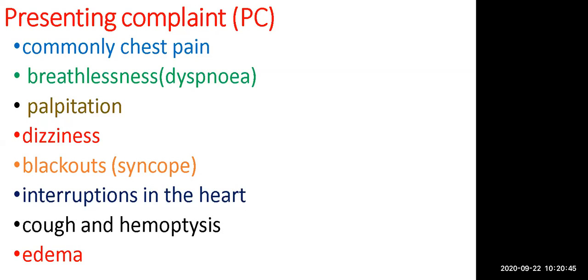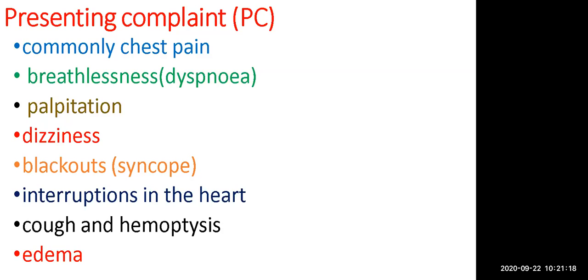breathlessness, or in Latin dyspnoea, palpitation when the heart beats fast, dizziness, blackouts or syncope, when you lose consciousness, interruptions in the heart, cough and hemoptysis, and edema or swelling.